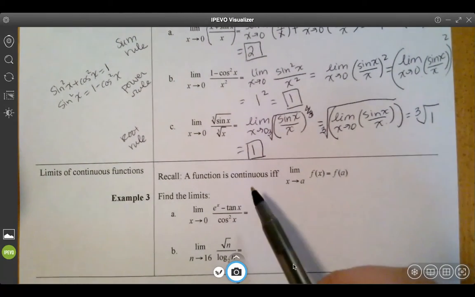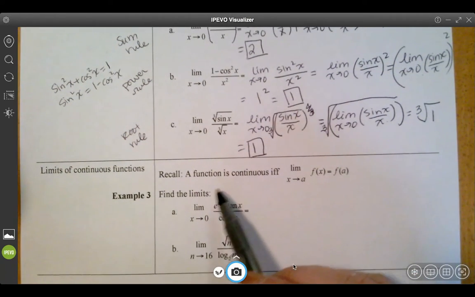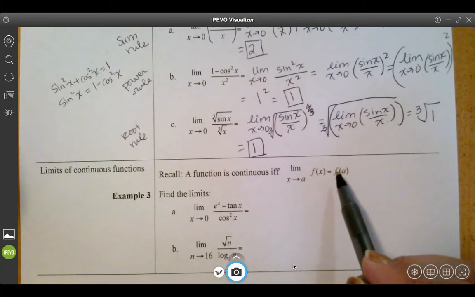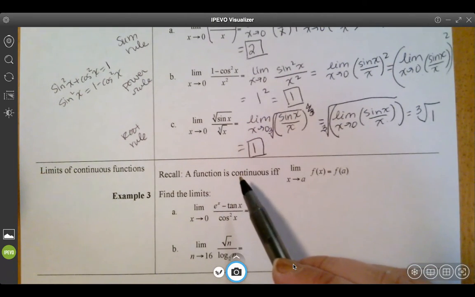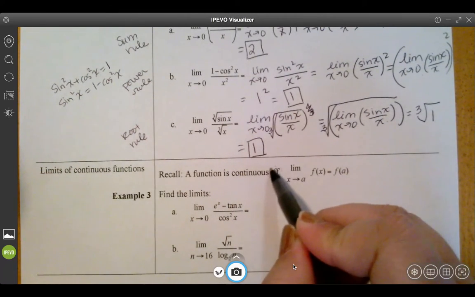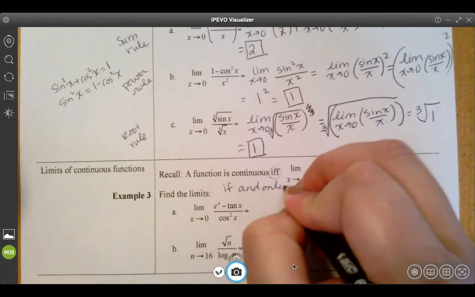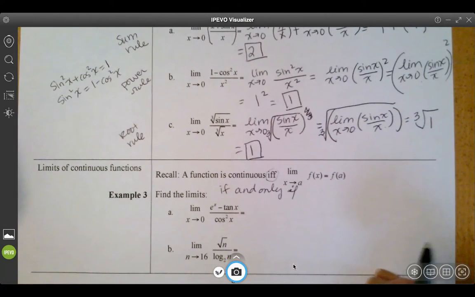Now, as we were talking about in the warm-up, or in the beginning of the notes, in the vocabulary section, if the function is continuous, then we can substitute a. And if we can substitute a, that means the function is continuous. So IFF means if and only if. It's a very common mathematical abbreviation.